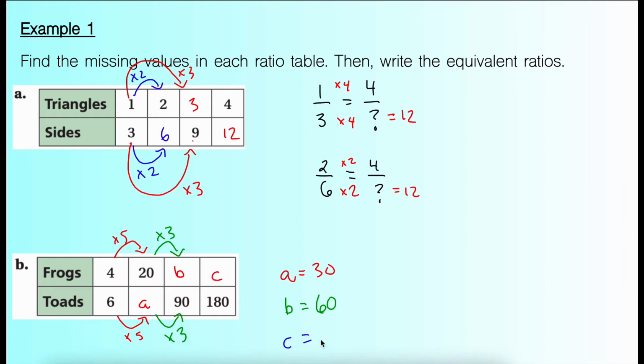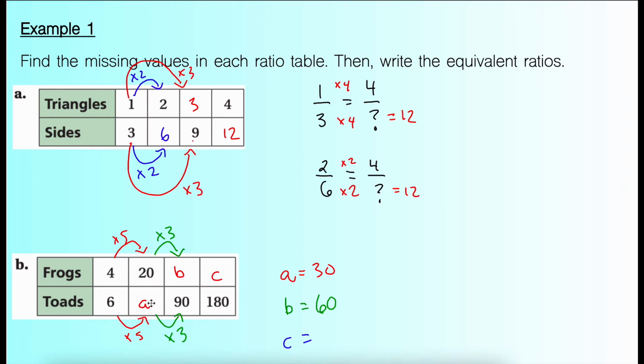Lastly, I'm looking for box C. So I know on the bottom here, I need to get to 180, and there's a couple things you could do. You could go from 6 to 180, that'd be times 30, so 4 times 30.